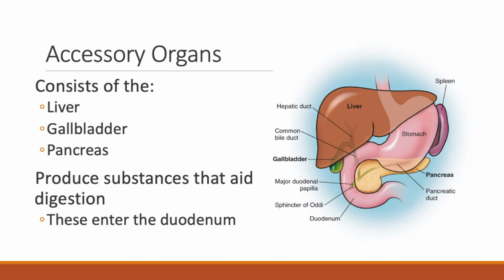The accessory organs to the digestive system consist of the liver, gallbladder, and pancreas. They produce substances that aid in digestion. All of those substances enter into the duodenum. So here's the liver, and then the spleen is over on the left side. The stomach sits generally on that left side as a J shape.